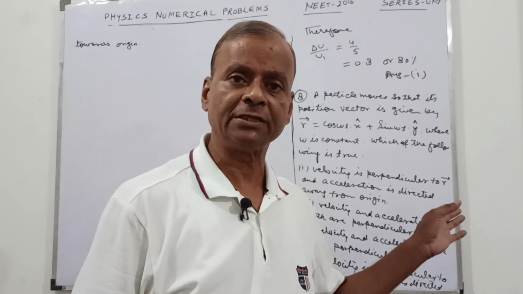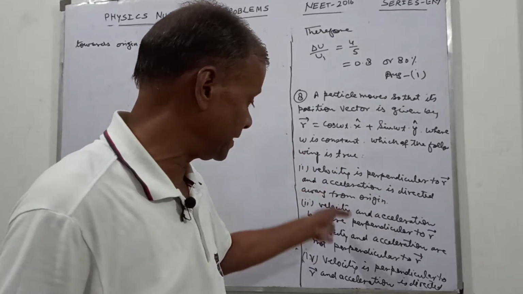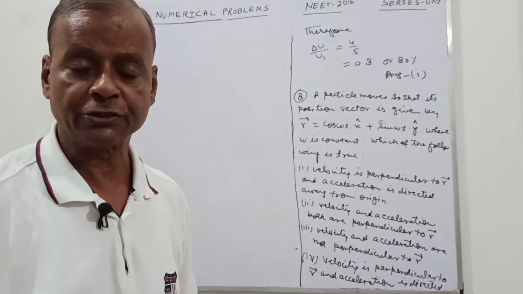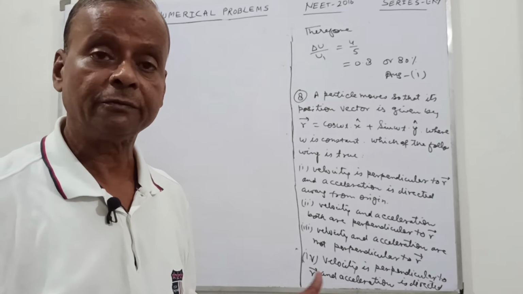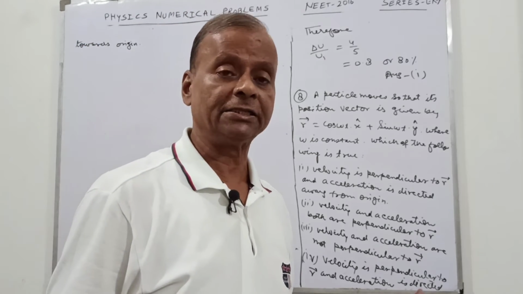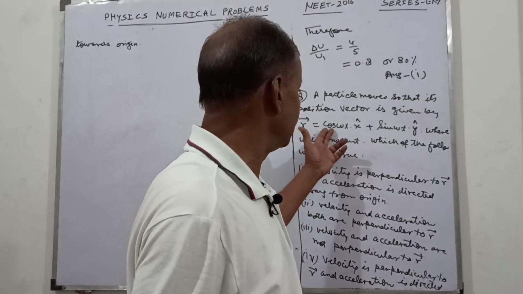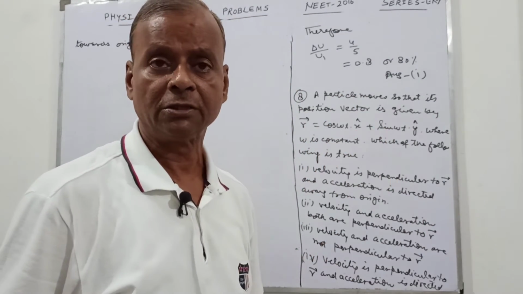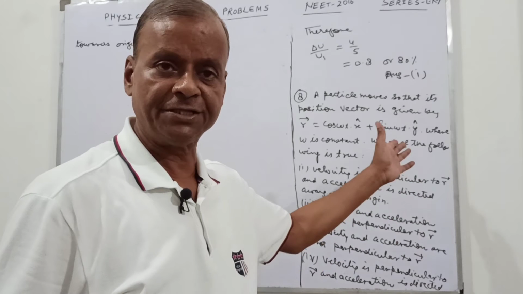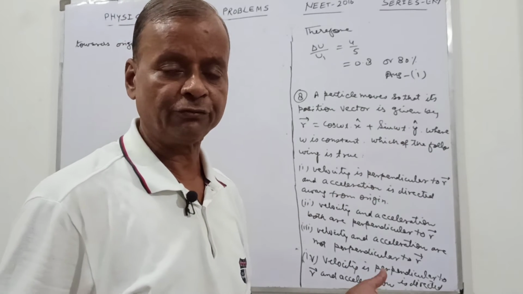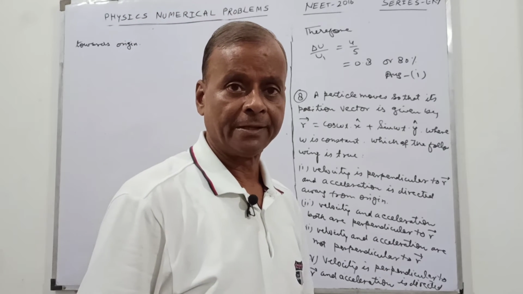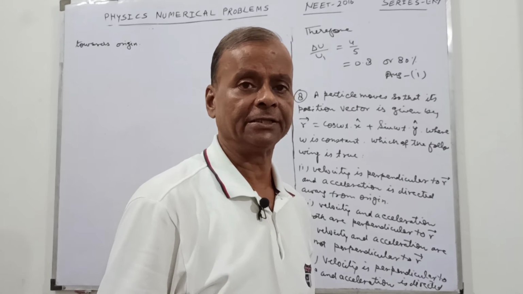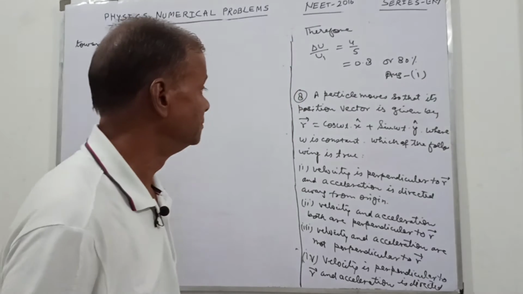So you can select the right choice directly from these given choices. So what we have is that either you find first the velocity and then acceleration, and then find the dot product of velocity and acceleration with this r, then you can find the answer, or you can do it directly by applying the theoretical concept.